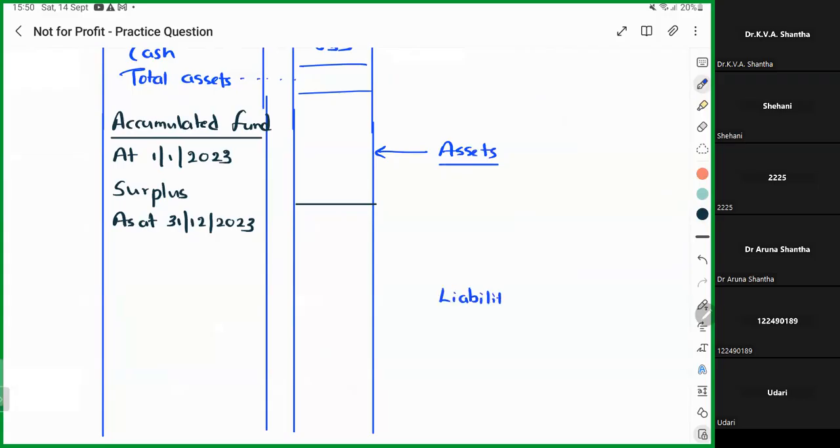The difference is the accumulated fund at the beginning.